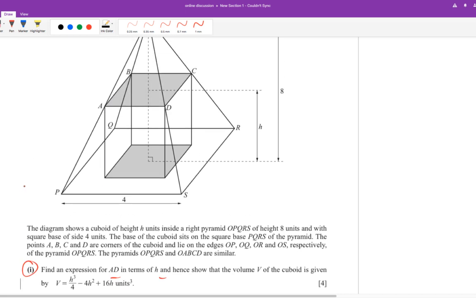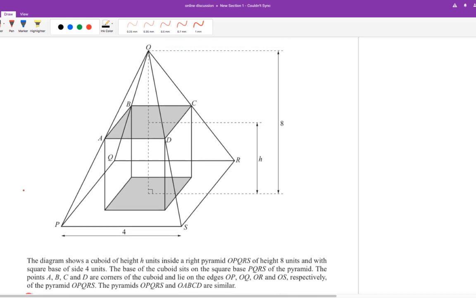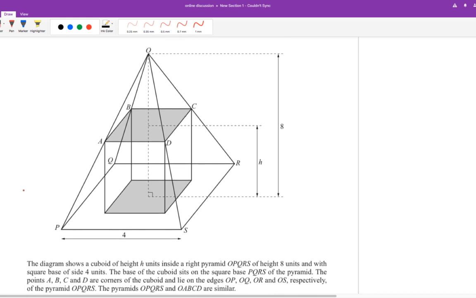Okay, so this one you need to find AD. Okay, let me see where is AD. Wow, this diagram is a bit confusing. Okay, so diagram show the cuboids of the height which h, and then right prism, and then the square base is 4. Okay, so I know here is 4, here will be 4 also.